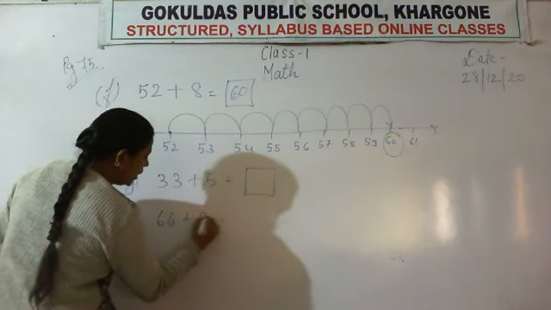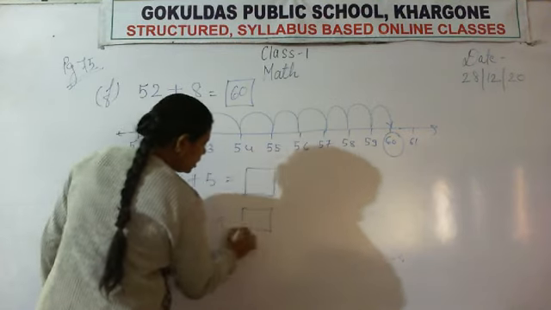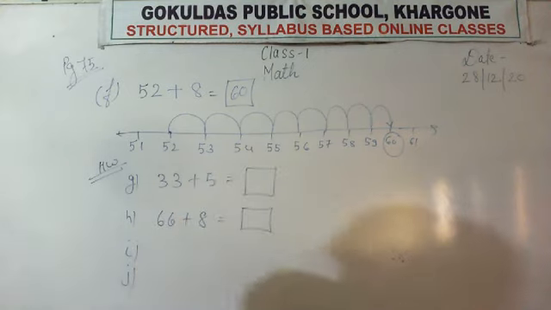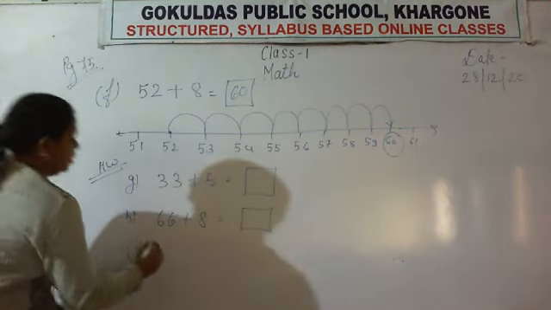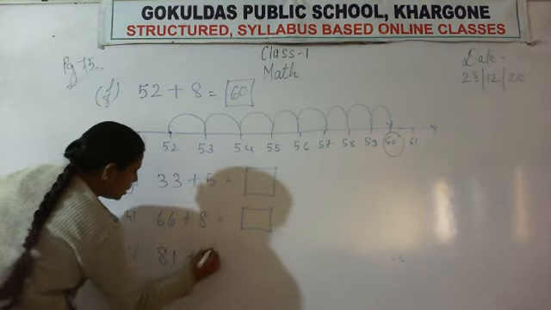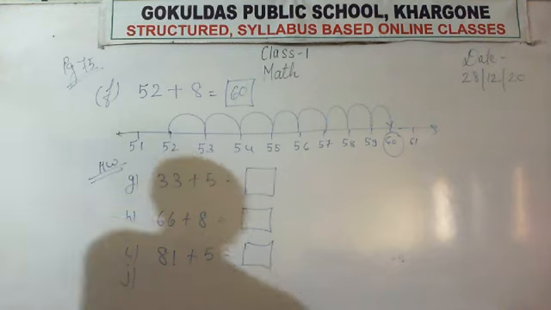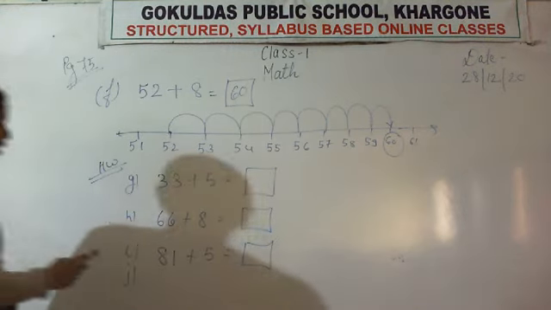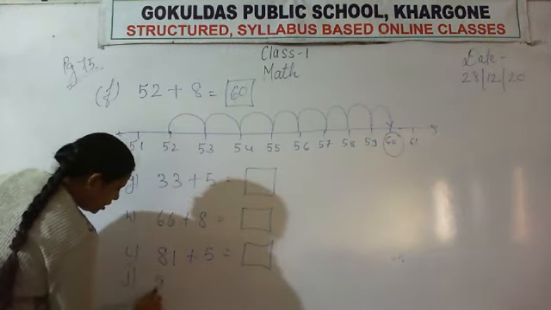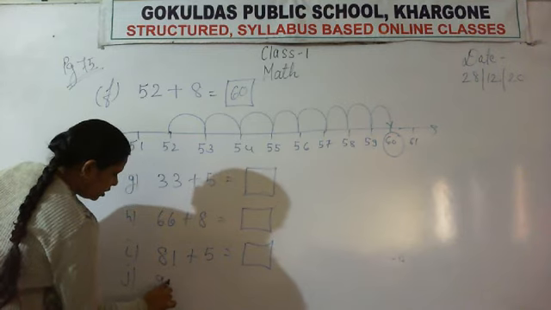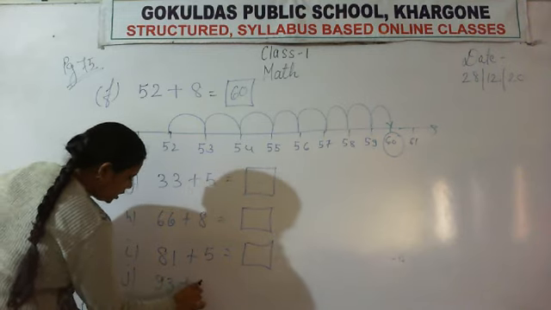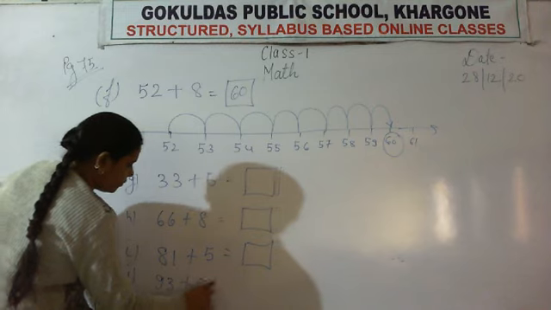66 plus 8. 81 plus 5. And last will be 93 plus 5.